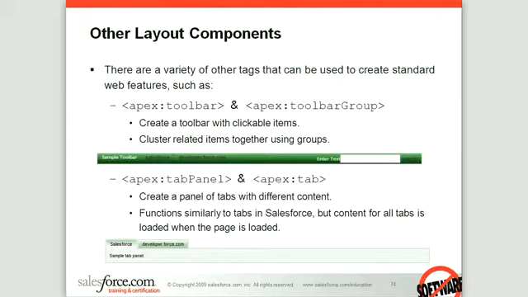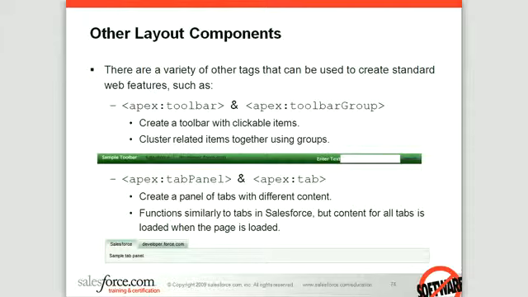Tab panels are pretty cool because somebody put a post out on developer.force.com, which is tabbed accounts in less than 30 seconds. What they were able to do was simply, instead of having related lists of all the things associated with an account, have a bunch of tabs for those related lists.